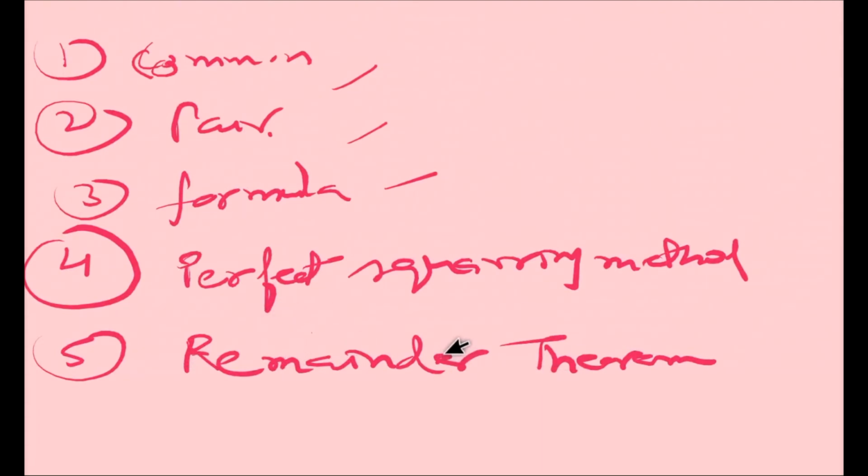But before explaining these two methods, I want to do some questions. Okay, so the perfect squaring method and remainder theorem method will be explained by some examples. So I will go through the questions so that you can understand all these methods.